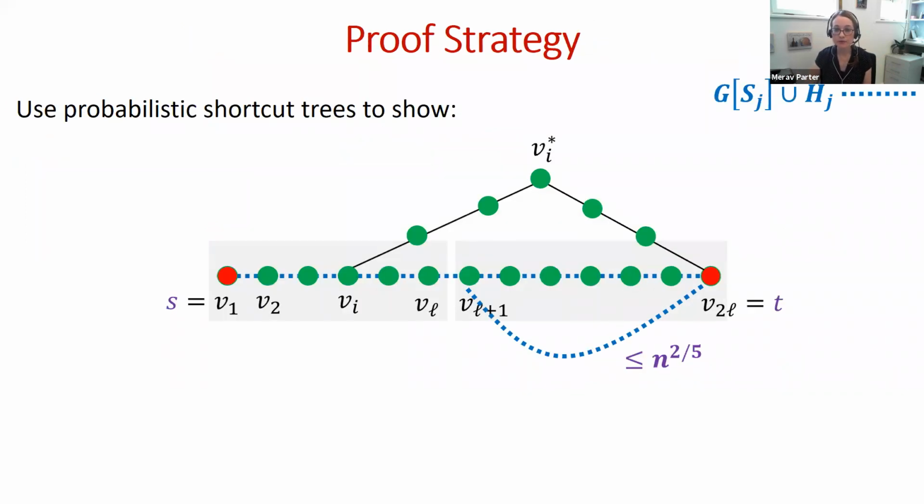Okay, so in order to show that, we first focus on the second half of the path. Okay, and indeed we show using probabilistic analysis that either there is a good shortcut between VL+1, the first node on the second half, and T, then we achieved what we want.